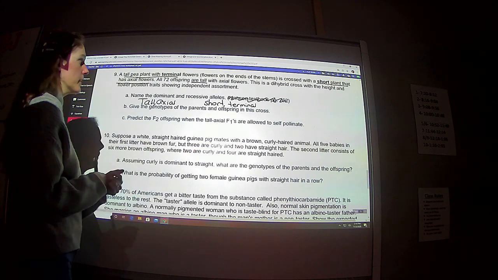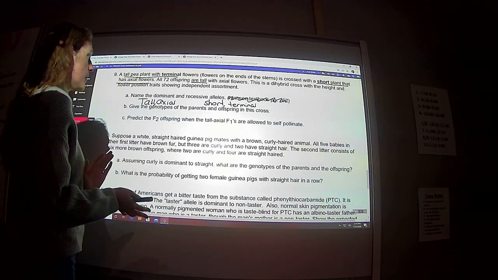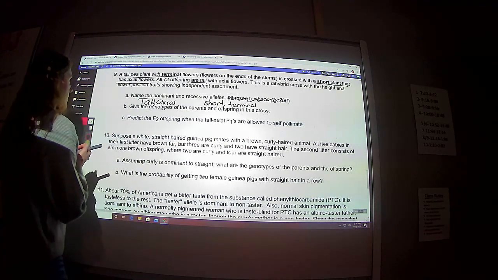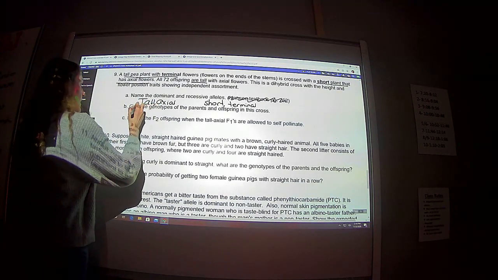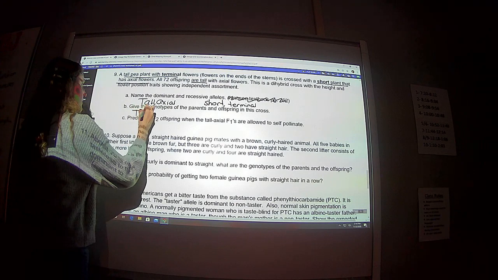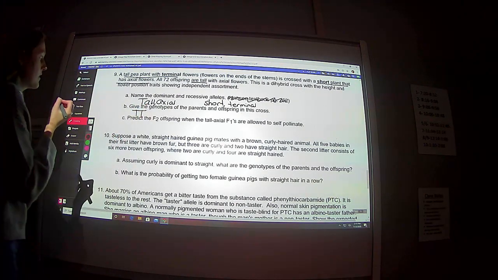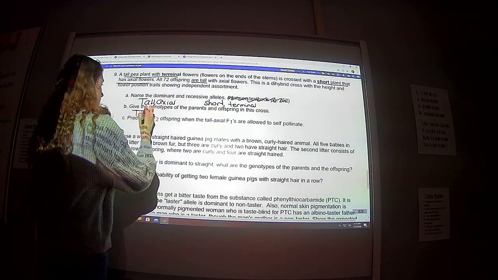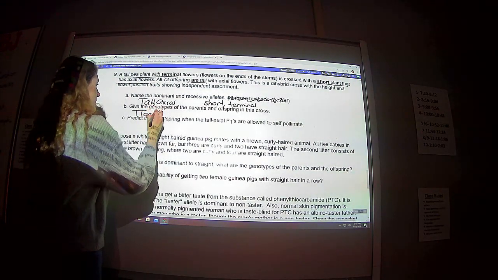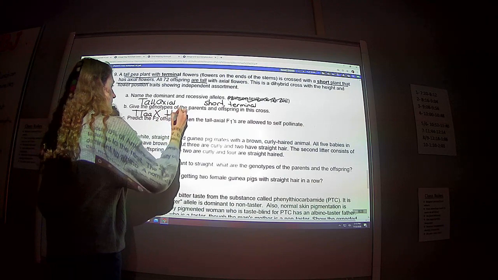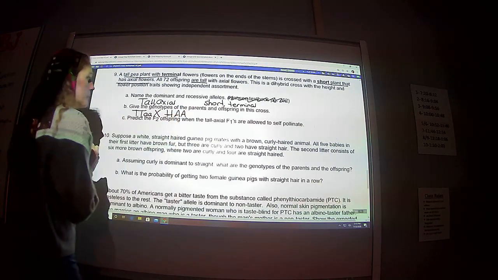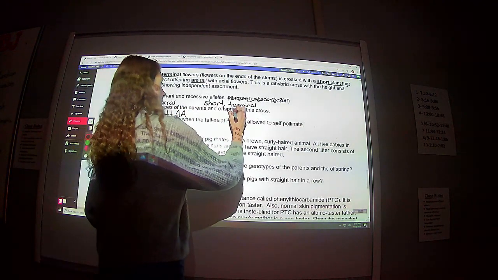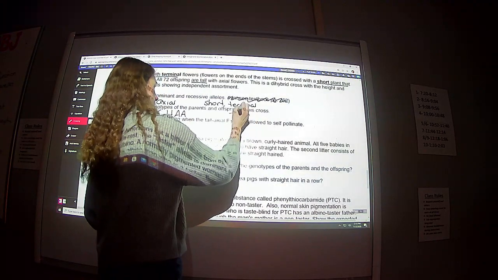Maybe we would have had a short one in there, maybe a terminal flower, but we didn't. So our parents had to be completely true bred for their traits. So tall with terminal traits, I'm going to do lowercase t's, capital A's. So that's my parents. My children were all hybrids.